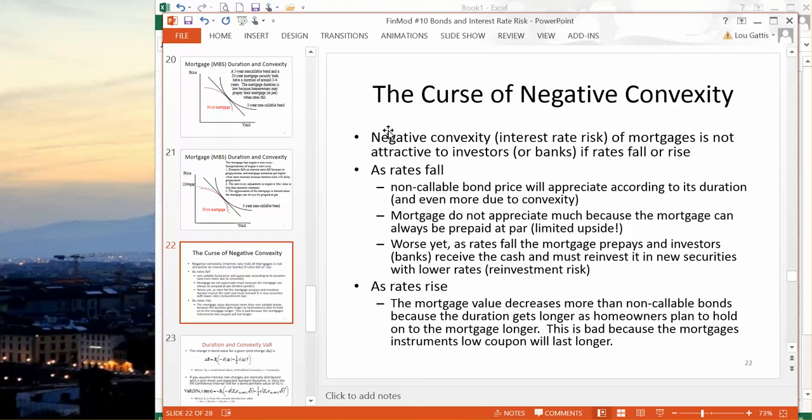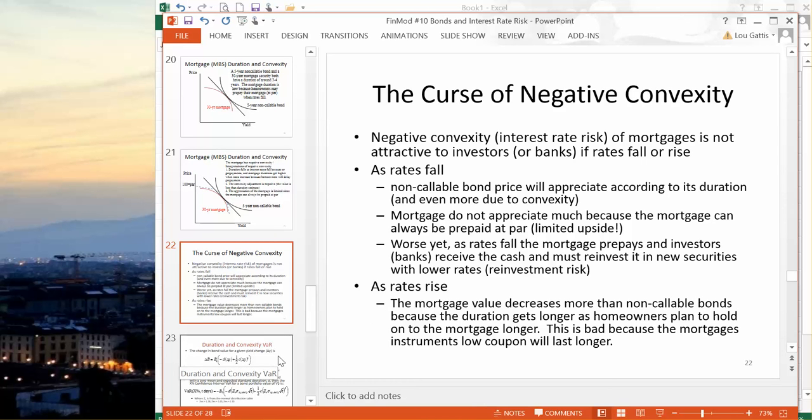Well, that really hurts the banks, all right, because banks do not see the upside as much because it's going to not be valued much more than par. And as rates rise, and the time when the bank may want to have its money back to reinvest it in higher yield mortgages or other types of fixed income securities, the homeowner at that point chooses to hold on to the loan longer.